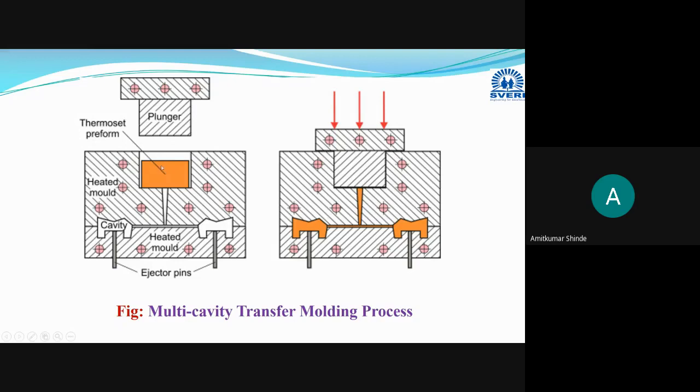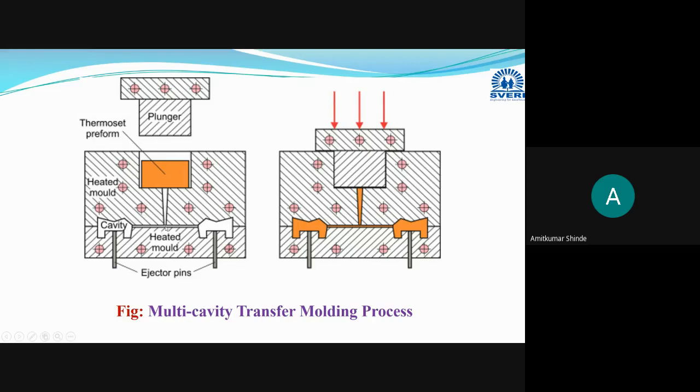Here the charge or raw material is taken and heated with the help of this heating system or heaters, within the temperature range 150 to 175 degrees Celsius. When it becomes soft, pressure will be applied with the help of this plunger. Now this softened thermosetting material will pass through this sprue, or you can use a runner and gate arrangement also.